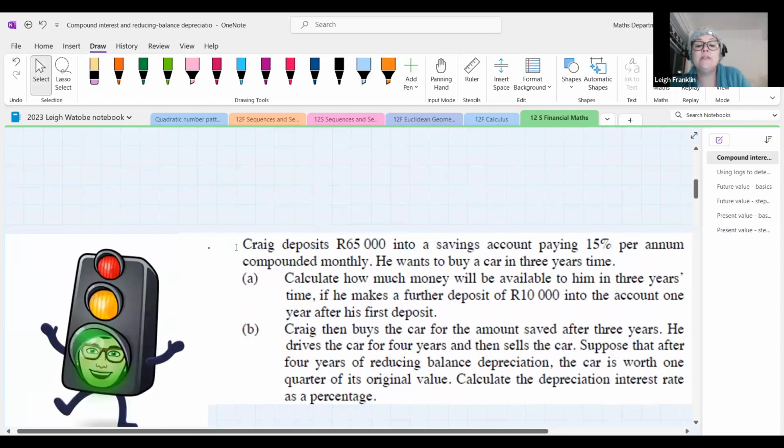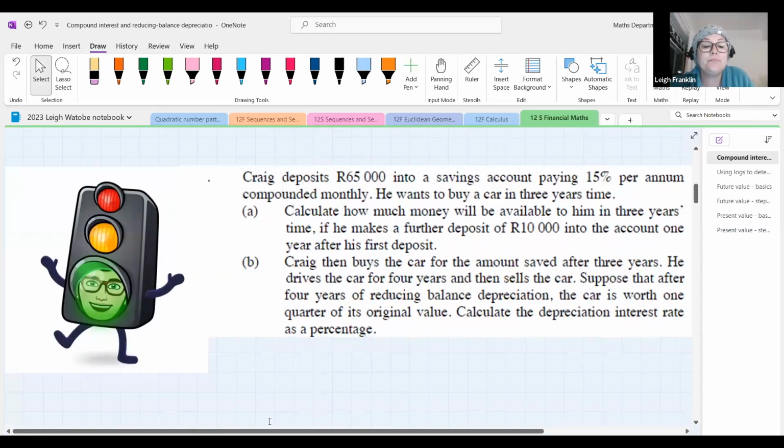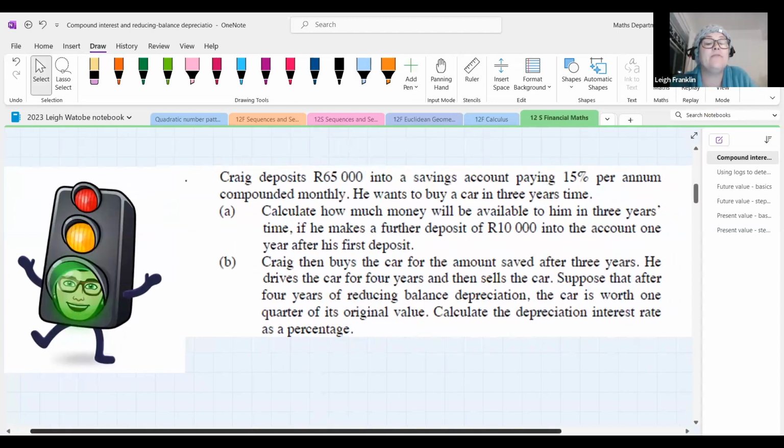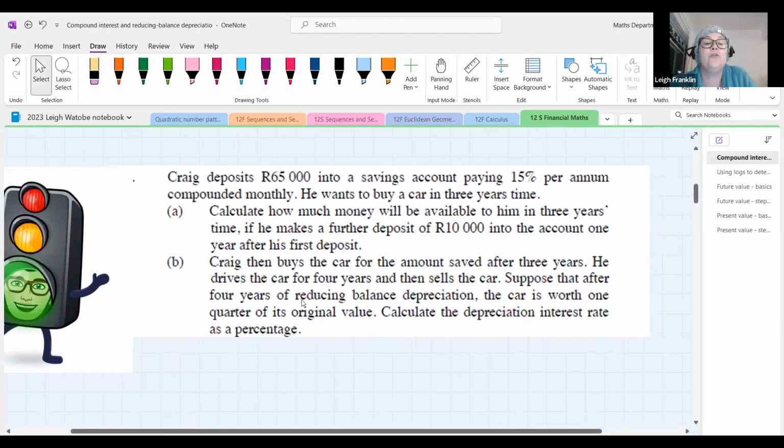Okay, let's move on and have a look at our first example. They tell us that Craig deposits 65,000 Rand into a savings account, paying 15% per annum compounded monthly. He wants to buy a car in 3 years' time. Calculate how much money will be available to him in 3 years' time if he makes a further deposit of 10,000 Rand into the account 1 year after his first deposit.